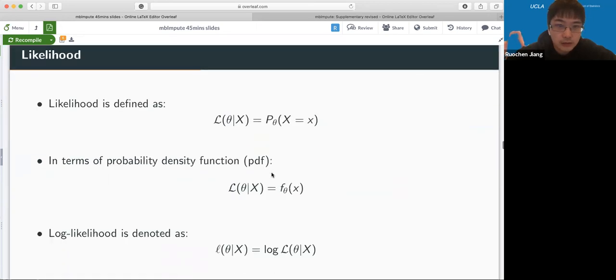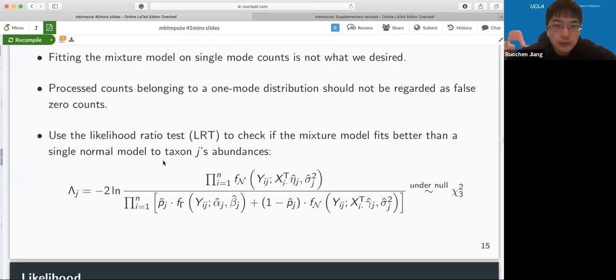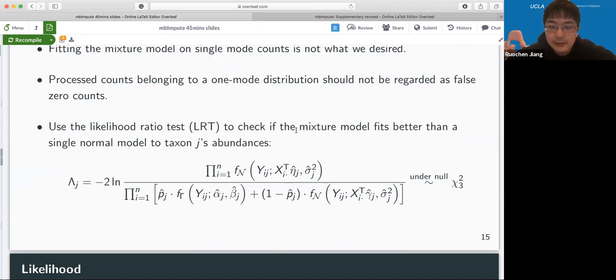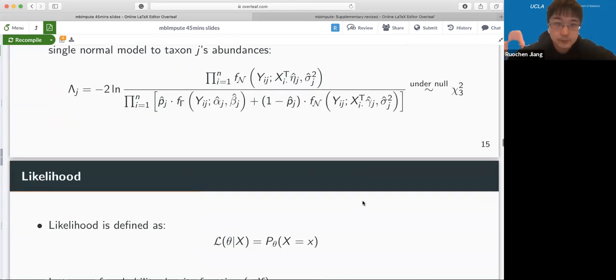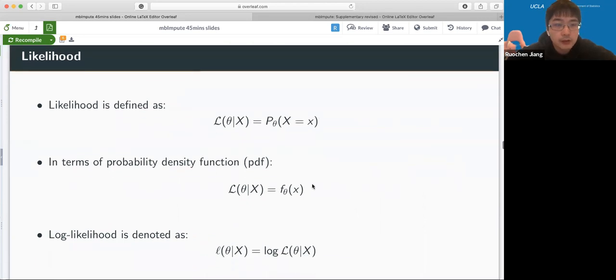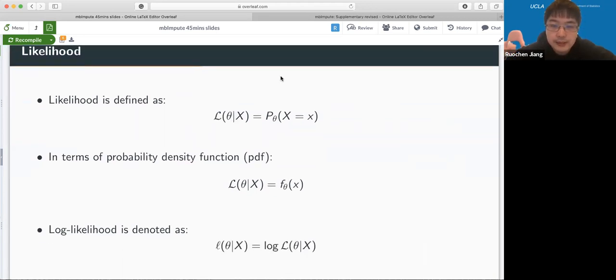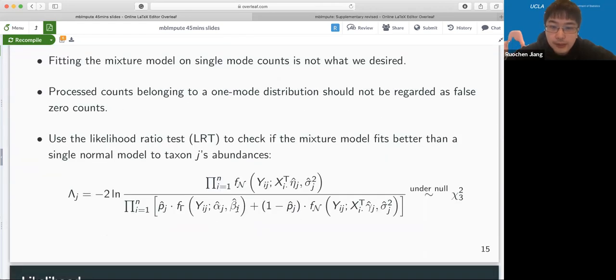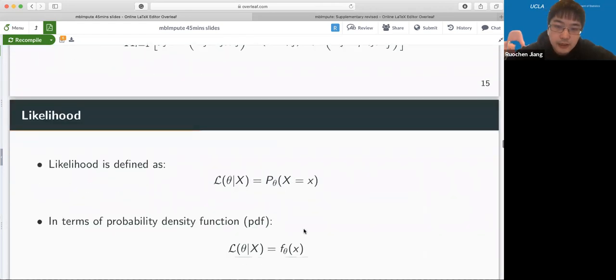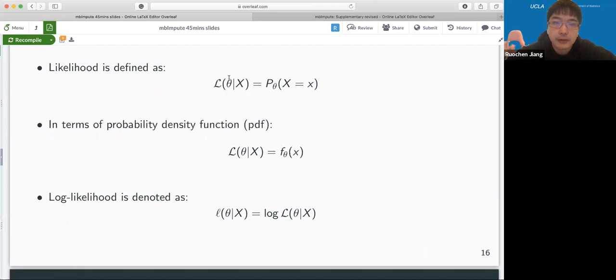So then what we want to do is to use a likelihood ratio test. The second part is to check if the mixture model fits better than a single mode normal model to taxon J's abundances. And so the likelihood is defined in this way. L of theta, where theta is our parameters. So basically everything before, you can see the alpha here, beta here, eta here, those are all the parameters, and we denote it as theta.